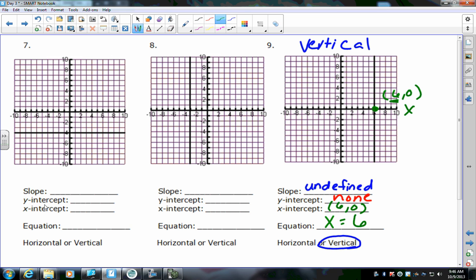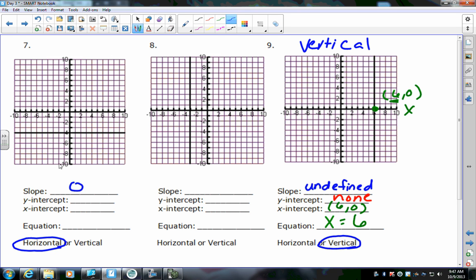Now, number 7, what type of line is number 7? 7 is right here, goes across. That is a horizontal line. Okay, horizontal lines have a slope of 0 because you go up nothing, up 0, and to the right as many numbers as you need. 0 divided by any number is 0.